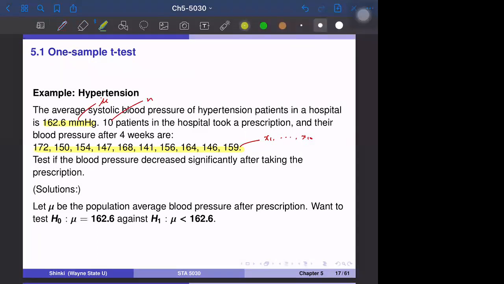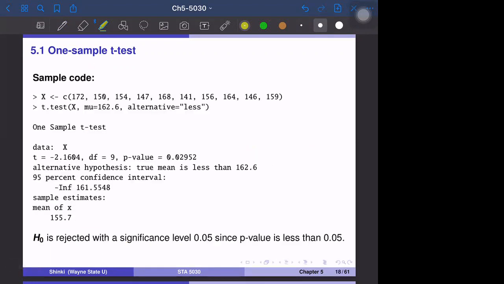So our null hypothesis is that mu is 162.6, so even after the prescription, blood pressure does not change. And the alternative hypothesis is that it actually decreased. Then we can use the t.test function to implement this.